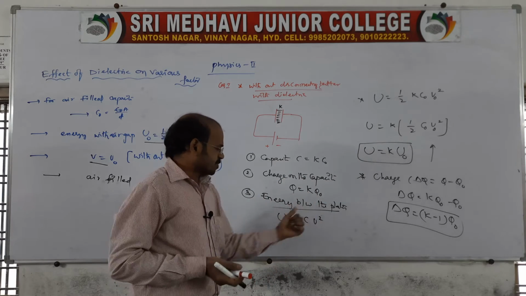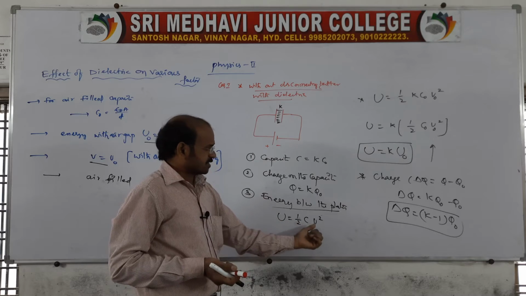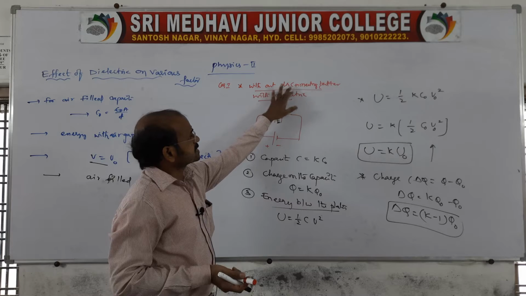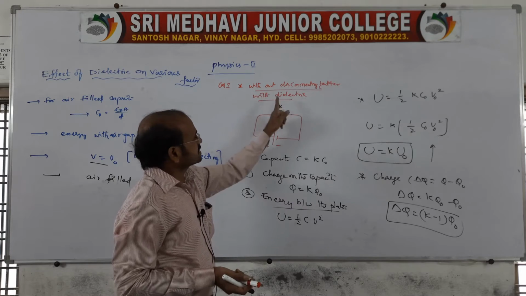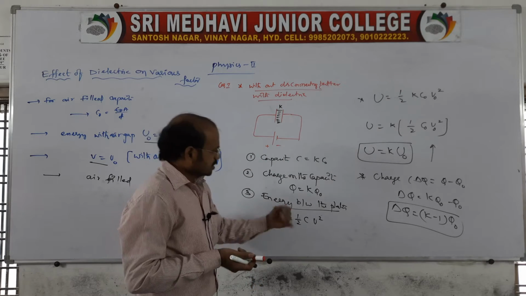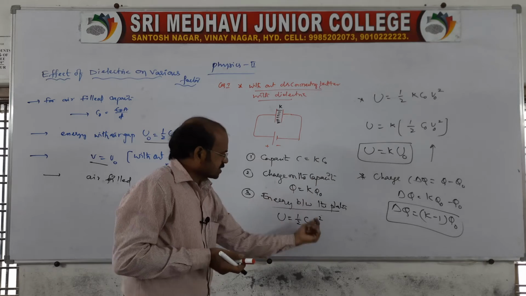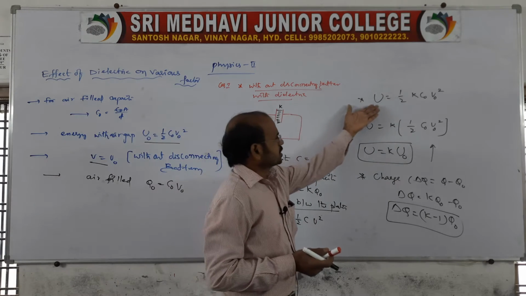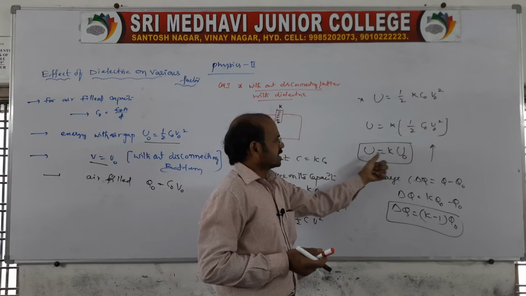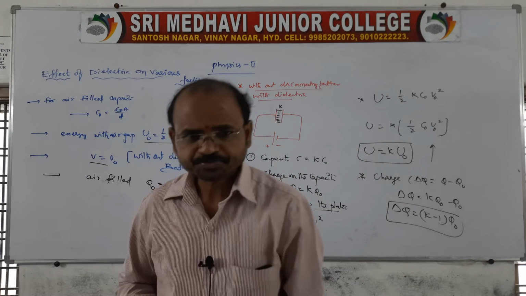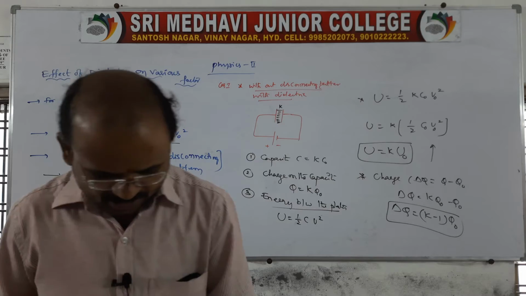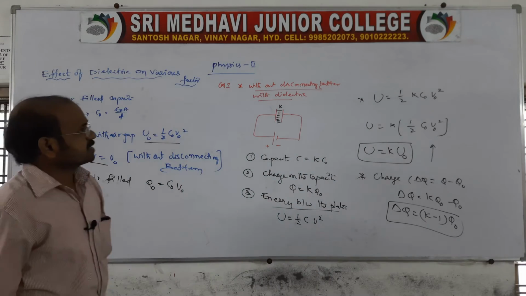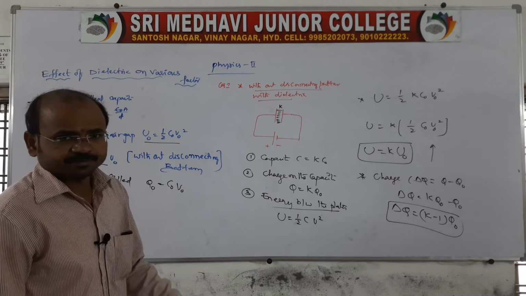The energy between the plates is U equal to 1 by 2 C V naught square. Substituting the values of C and V naught, the energy increases by K times. This is the effect of the dielectric without disconnecting the battery.